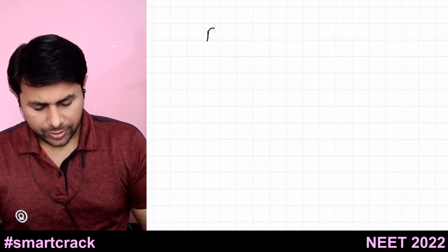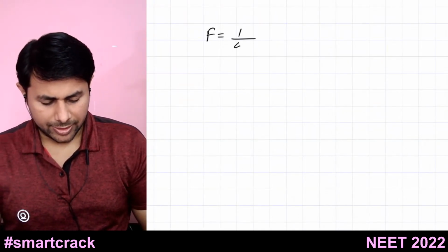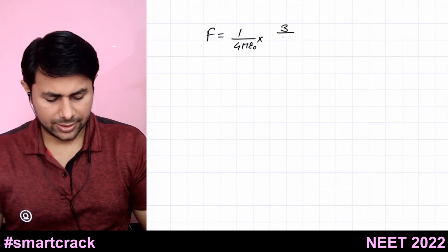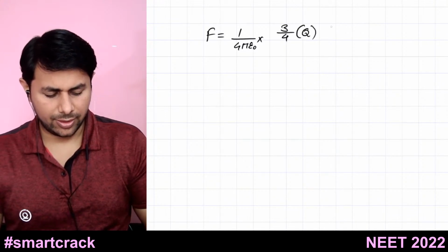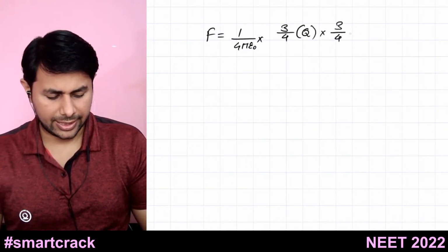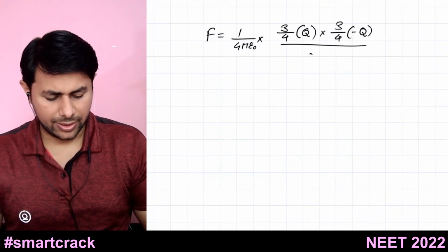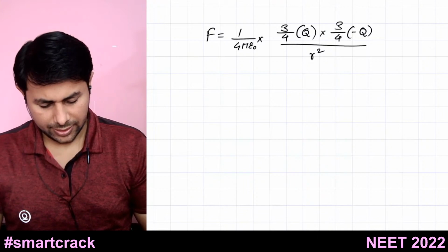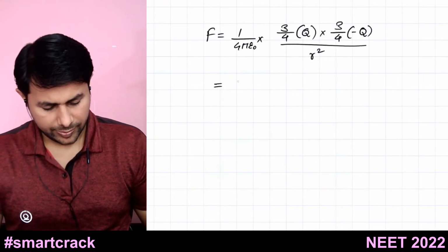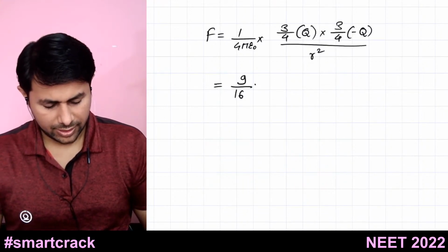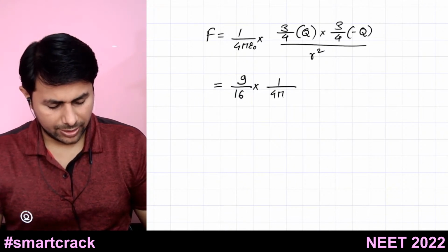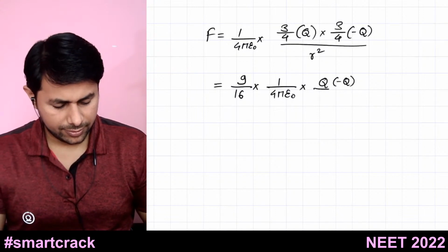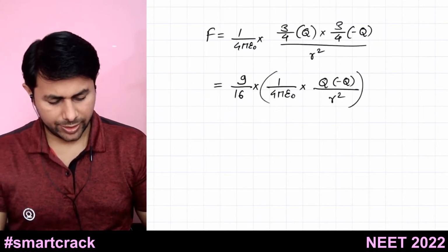So now the force will be equal to what? 1 upon 4 pi epsilon naught, or k we can say. Now the charges are 3 by 4 times q multiplied by 3 by 4 times minus q over r square. So 3 times 3 is 9, 4 times 4 is 16. So this is 9 by 16 times 1 over 4 pi epsilon naught multiplied by q into minus q over r square. And what is this?